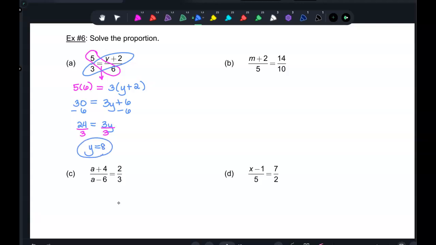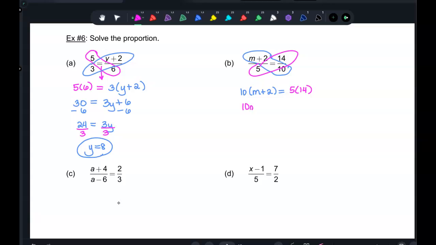Okay, next one. Let's see, we have 10 times m plus 2. And then over here we have 5 times 14. Or 5 times 14. Did you put 5 times 14 up here? That's fine. It doesn't matter which side you put.